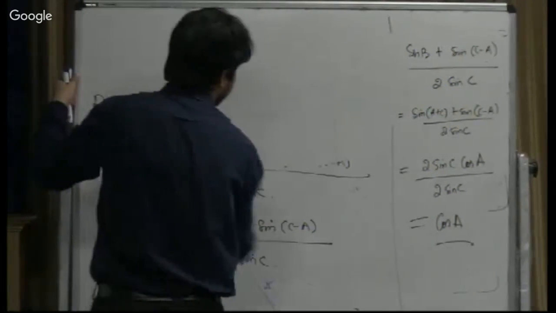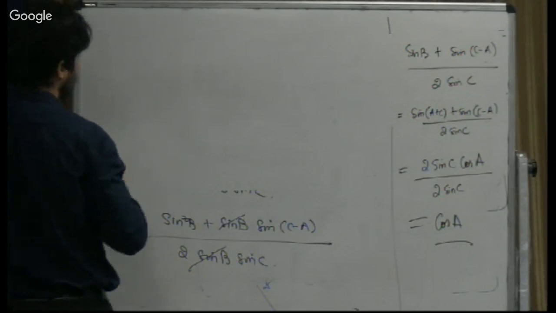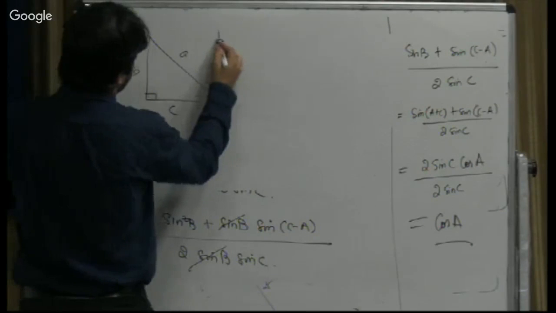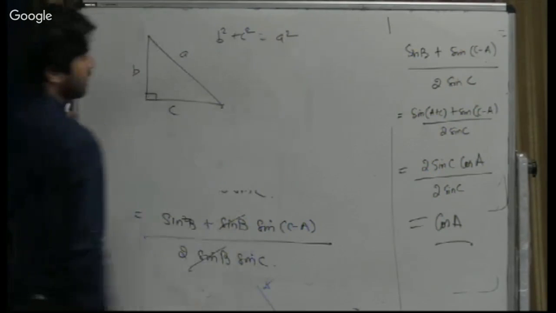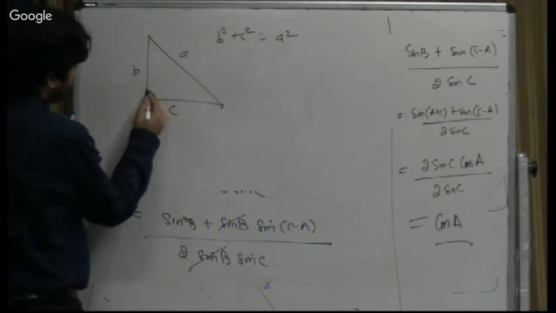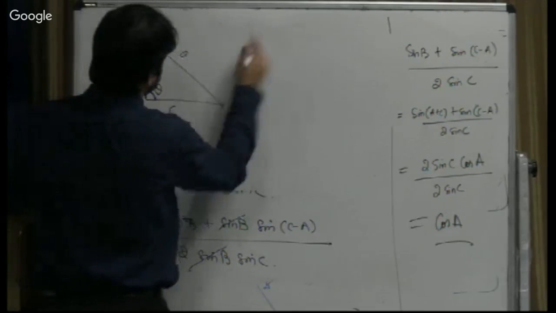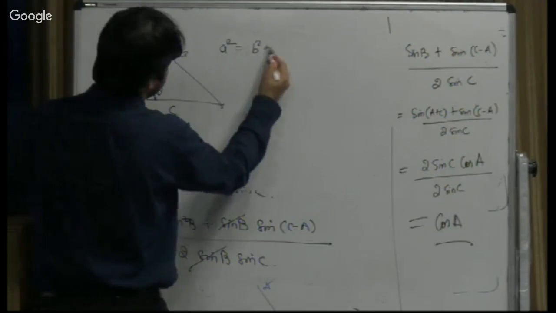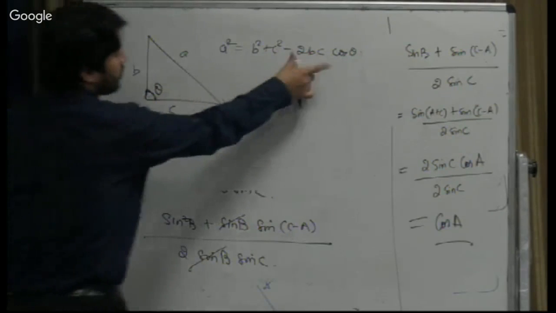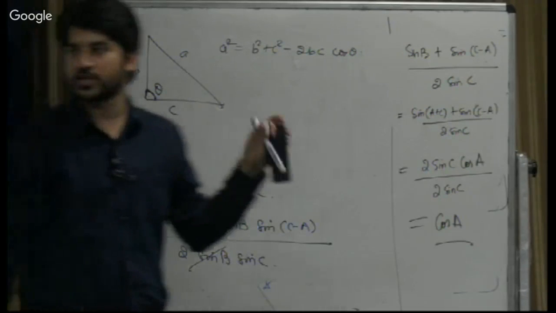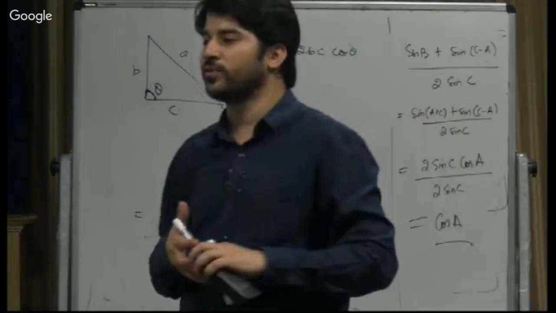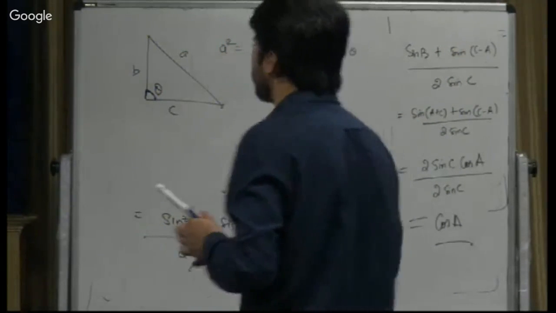It said, take this triangle, b square plus c square is a square, right? Actually make this theta, and this is not 90, it is theta. So what Pythagoras says, the cosine rule says b square plus c square minus 2bc cos theta, and when it is 90 it goes off, right? So Pythagoras theorem is a special case of the cosine rule. So sine rule when sides are to be found, cosine rule when angles are to be found. Clear? Okay, now do the question.